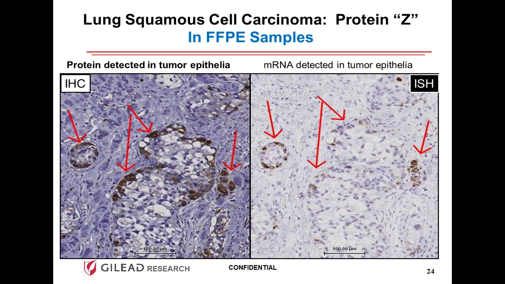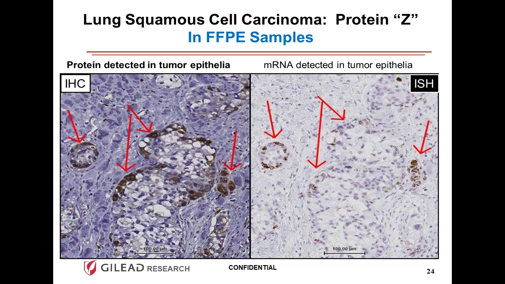Lastly, I like to show this example as well, where we had a really nice, robust IHC assay for protein Z, and it worked very well in FFPE samples. The only problem, and I don't want to say it was a problem, but we didn't know this at the time, is that we truly thought protein Z was expressed only by immune-related cells.